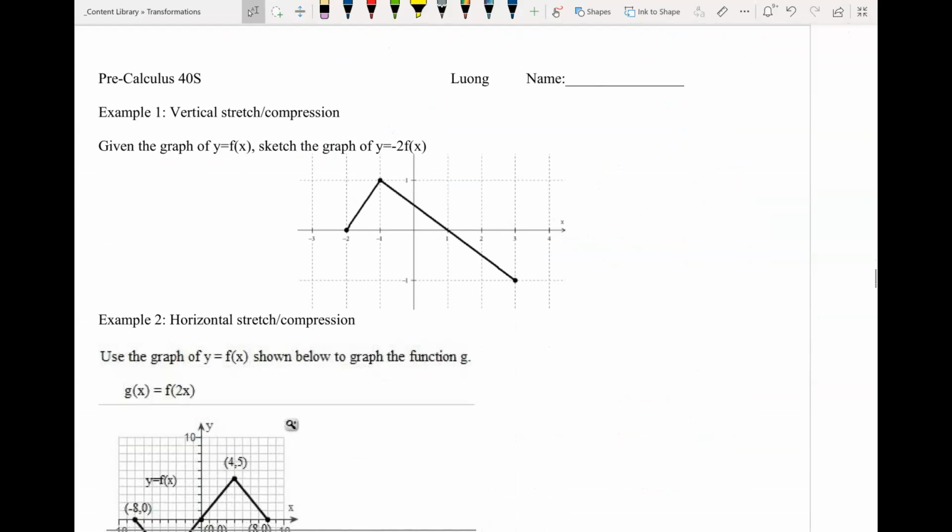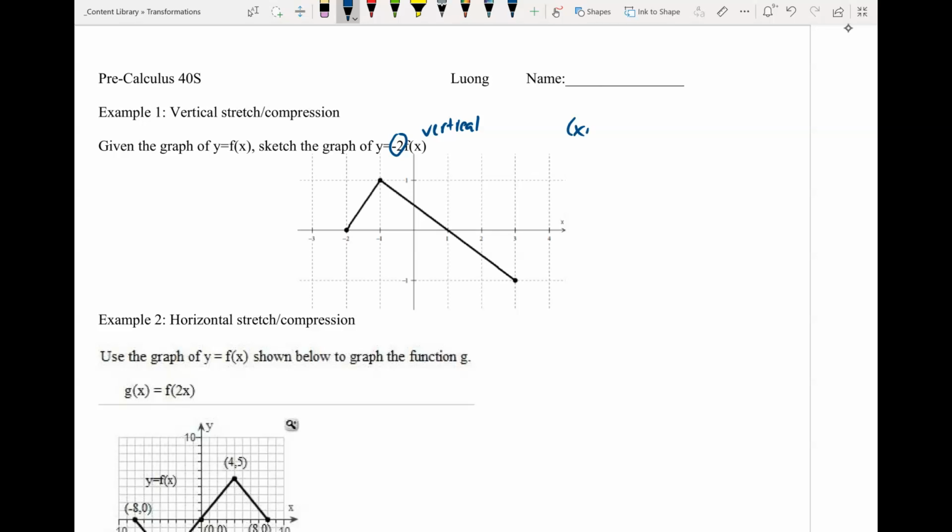Now let's look at actual examples. We are given a graph, this is f of x, and we want to graph the new graph of y equals negative 2 f of x. Since we have a number in front of the f of x, this is going to be a vertical transformation, and it's going to be a stretch or compression.